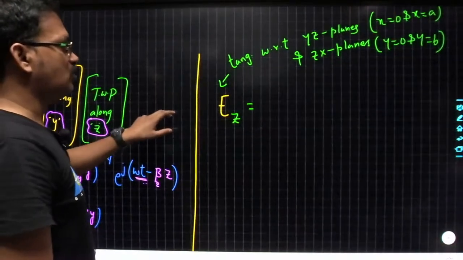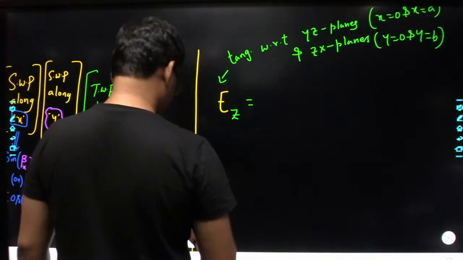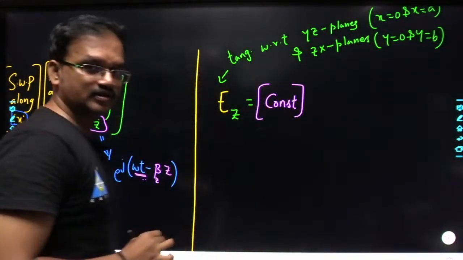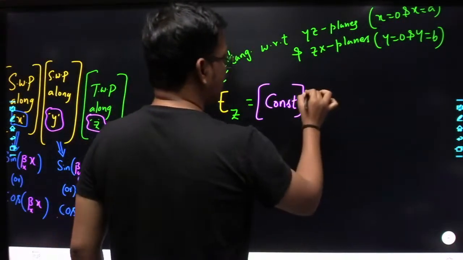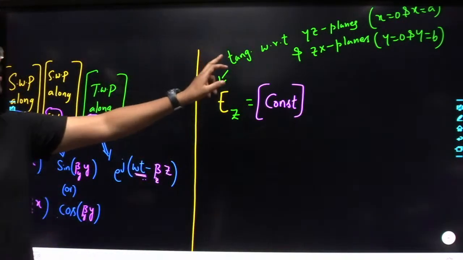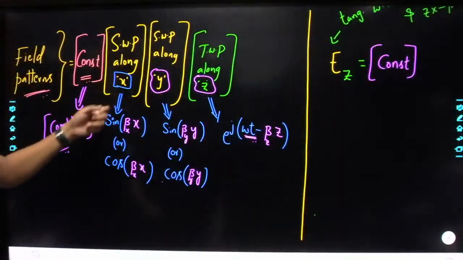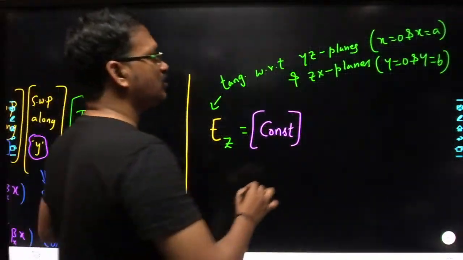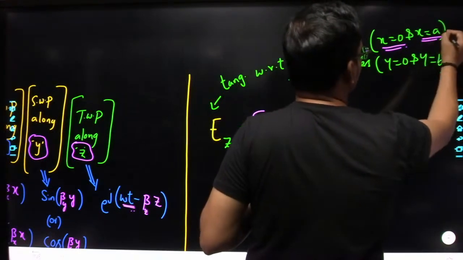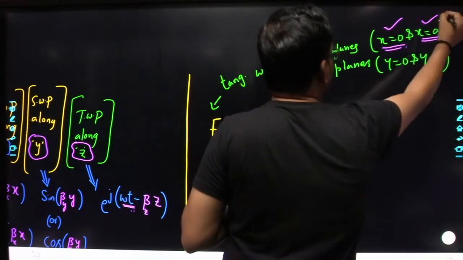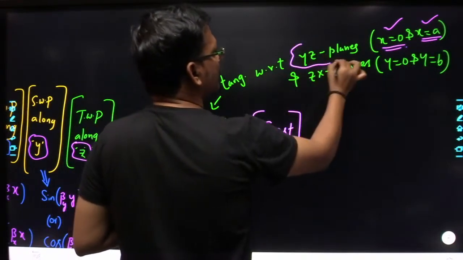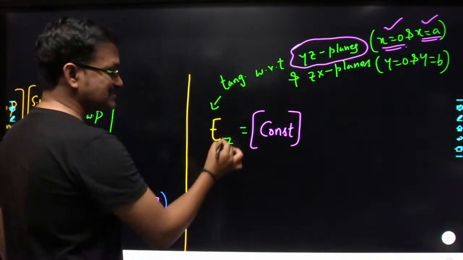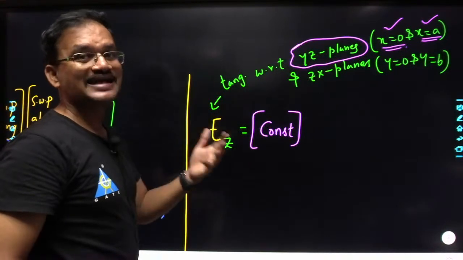Now see here, Ez is equivalent to some constant, generally complex in nature, multiplied by the standing wave pattern along x. If you move along x, what are the conducting plates you encounter? That is x equal to 0 and x equal to a, the YZ planes. With respect to these plates, this Z component of electric field behaves as a tangential component.